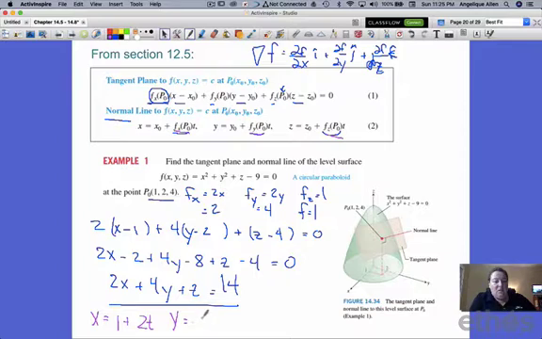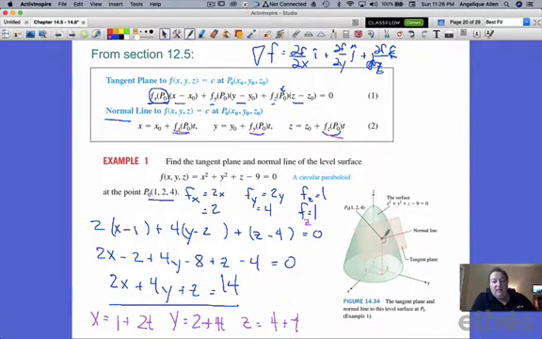And the y parametric equation is going to be y naught plus f sub y evaluated at P naught, which is 4 times our parameter, and z is going to be our z naught plus f sub z was a constant, so that's 1 times t. So here's the parametric equation of the line that is normal to the surface.